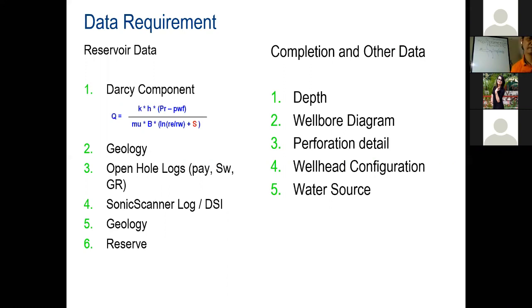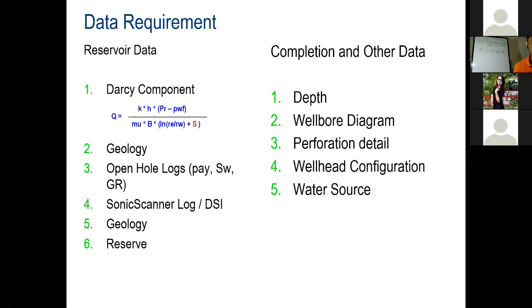right? So when you talk about data requirements from the reservoir point of view, you will need all these data components. You will need the numbers for the permeability. After that, you need the geology. You want to make sure that your rocks and your well are far from the faults, and you know all the geology features around your wellbore.